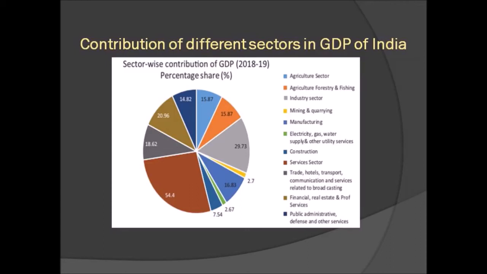So even though India's agricultural contribution is much higher than the world's average, its contribution in the service and industry sectors is lower than the world's average.